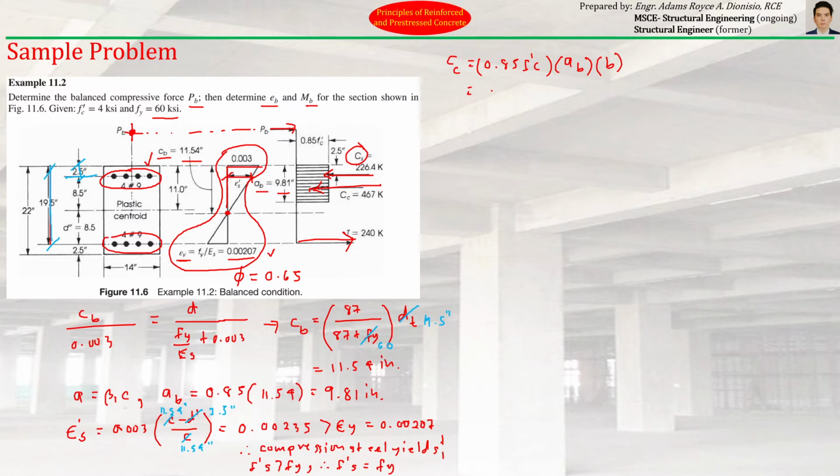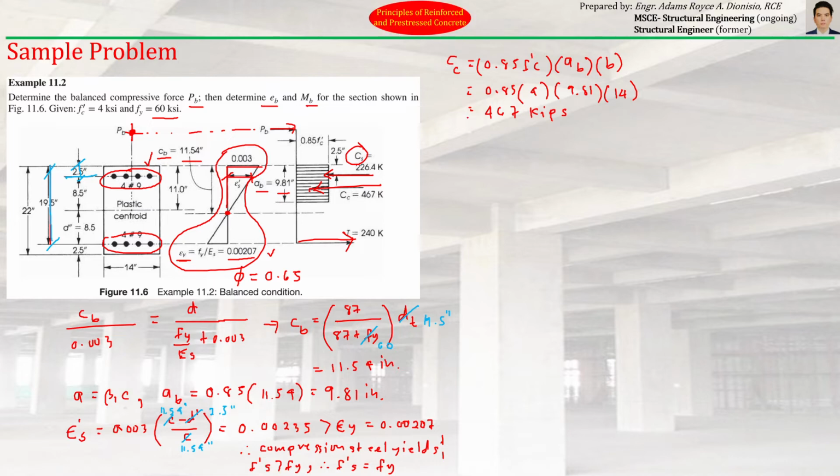Substitute na corresponding values: 0.85, fc prime natin ay 4, ang ab natin na-compute na natin ay 9.81, ang b natin, yung width ng section natin, 14. So that is 0.85 times 4 times 9.81 times 14, which is equal to 466.95 or simply 467 kips.